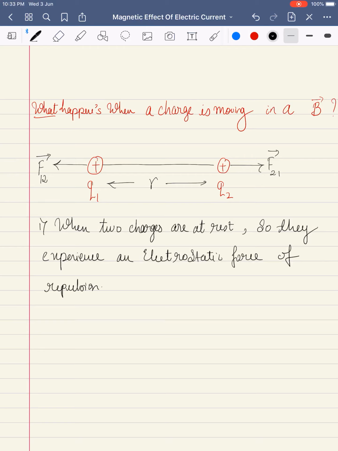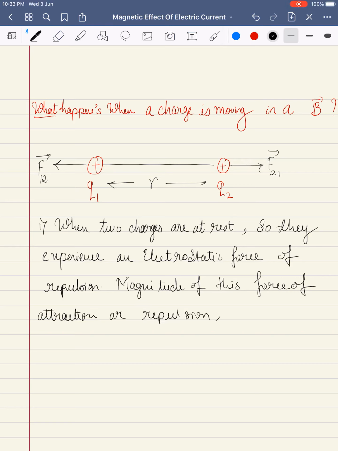And the magnitude of this force of attraction or repulsion is given by Coulomb's law.